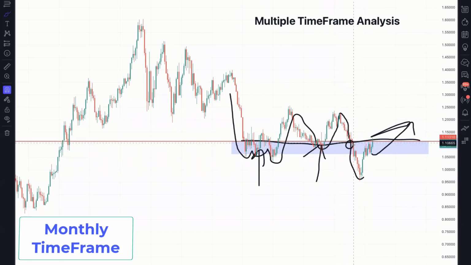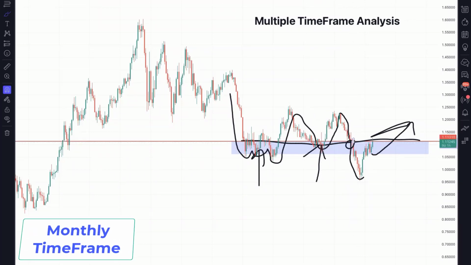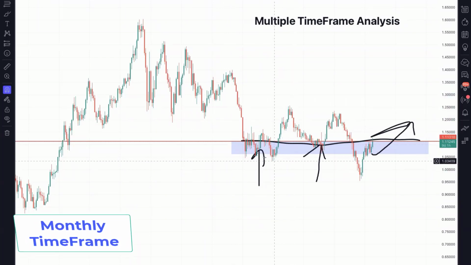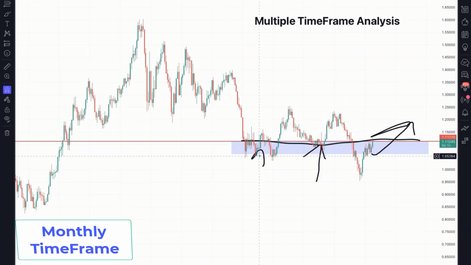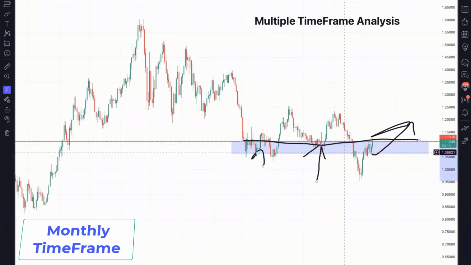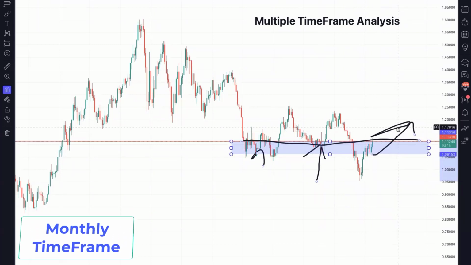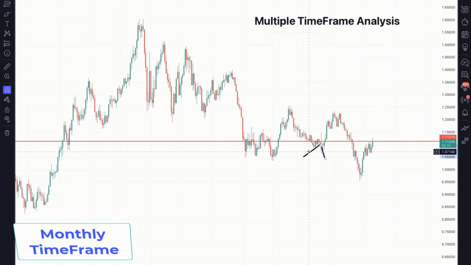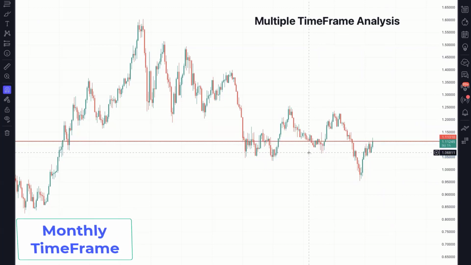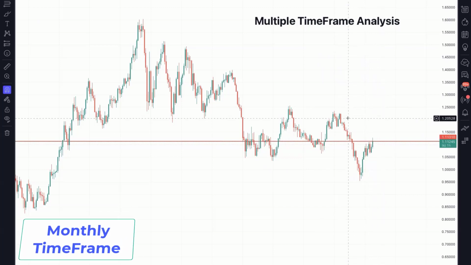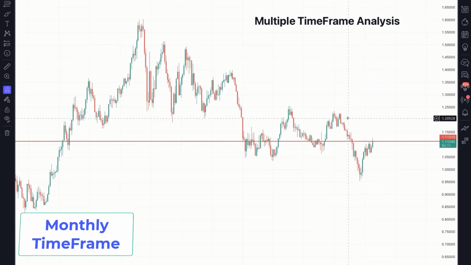Let me delete all this, but I'm sure you get what I'm saying. Having broken out from that level, it's not so easy to break back into that level.